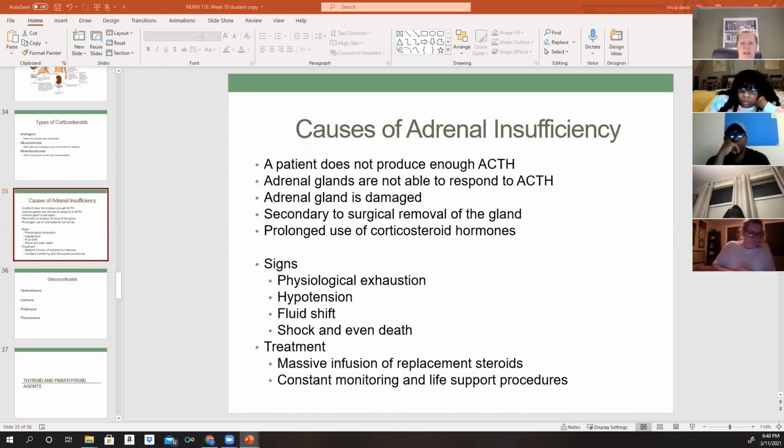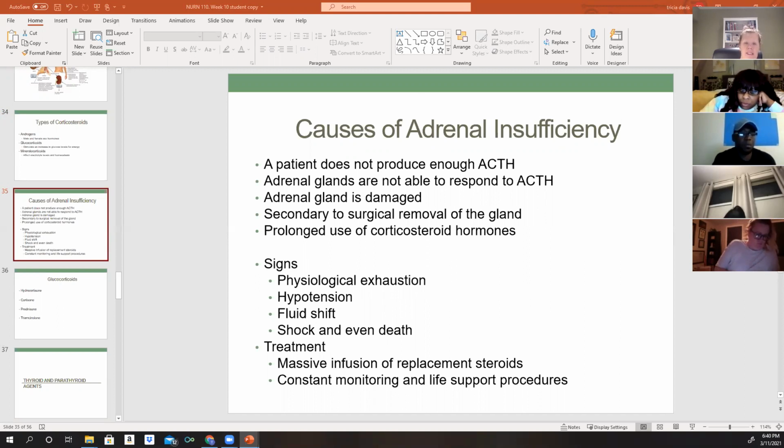Because they're not able to supplement the energy-consuming effects of that sympathetic reaction, then they enter into that adrenal crisis. This can cause physiological exhaustion on the body. It can cause them to have hypotension. Sometimes we might see a fluid shift.